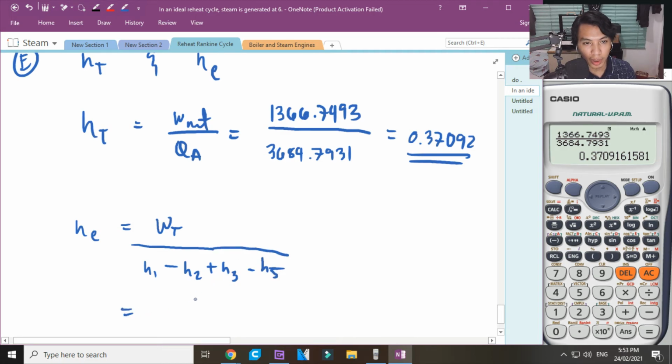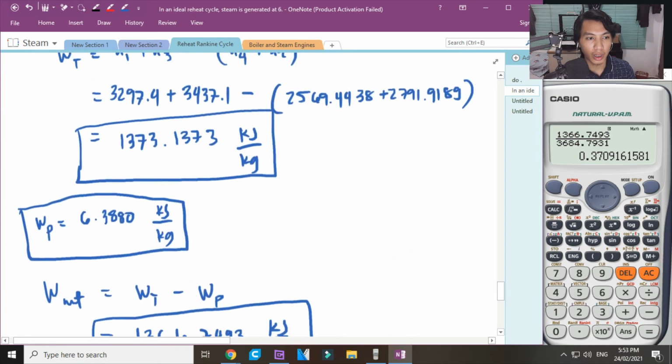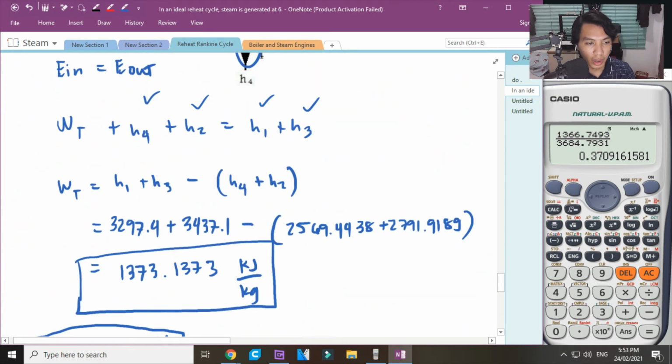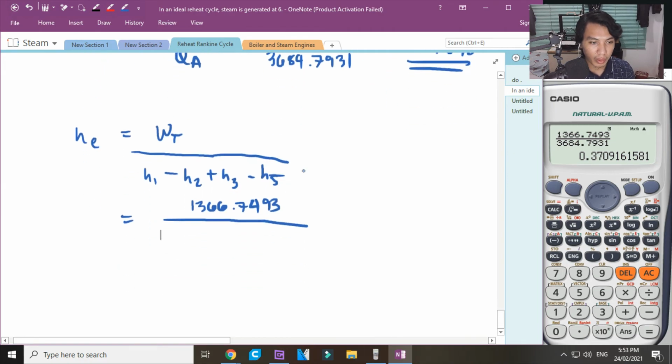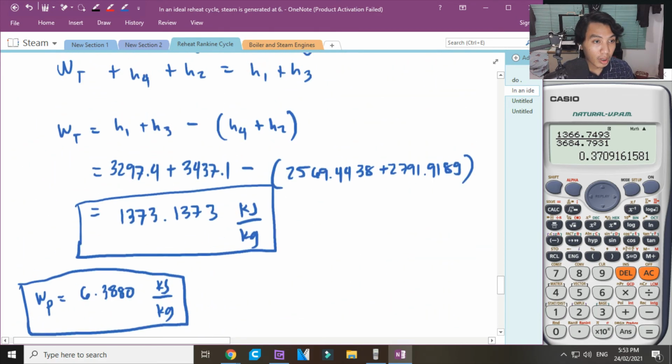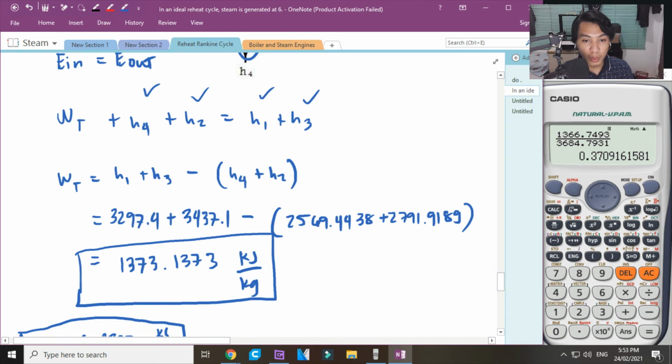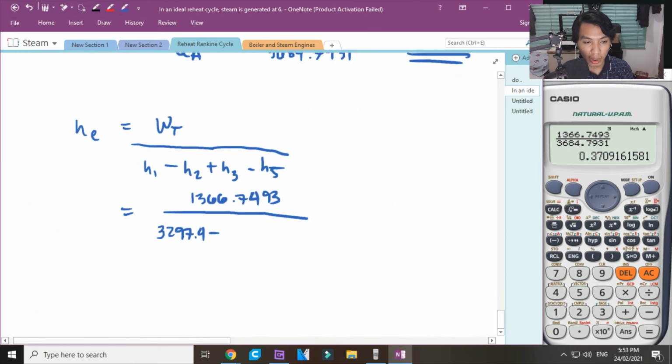Work ng turbine, ano yun? 1366.7493. H1. H1 is 3297.4. 3297.4 minus H2, which is 2791.989189.